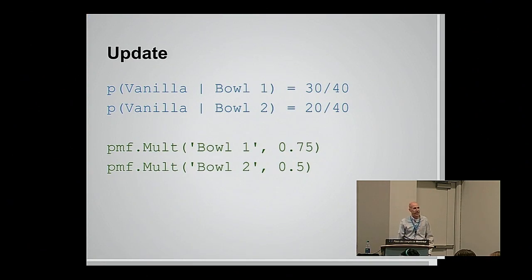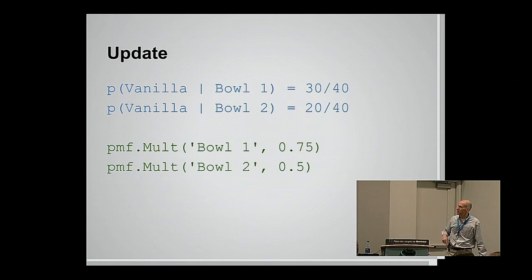Now to do an update, I'm going to compute the conditional likelihood of the data under each hypothesis. So I want to know the probability of drawing a vanilla cookie from bowl 1, the probability of drawing a vanilla cookie from bowl 2. And again, that's straightforward. We know that bowl 1 is 3/4 vanilla. We know that bowl 2 is 50%. And I'm going to use the mult method. What the mult method does is it finds the probability associated with bowl 1 and multiplies it by 0.75.